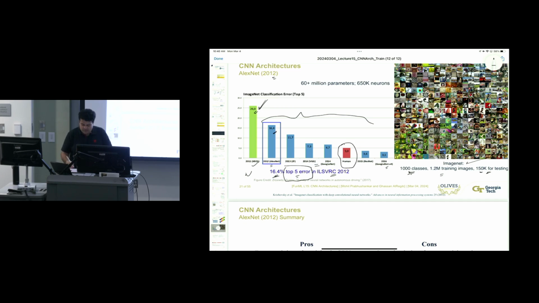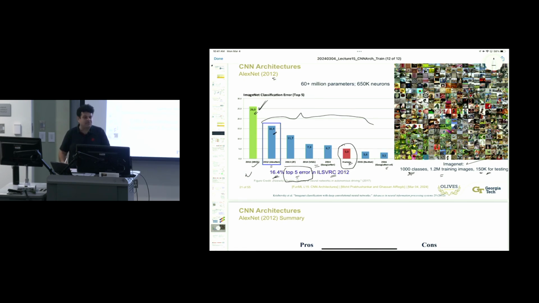This here is very important, which is the human error rate. If a large number of people were shown the ImageNet dataset and they were asked to classify between the 1,000 different classes, of course, it's very difficult. There are very few people who know the difference between, let's say, all the breeds of dogs or spoonbill, flamingo, crane, and all these very fine-grained differences between birds. So many people would not know, and the average human error in classifying on the 150,000 images is 5% average top 5 error.